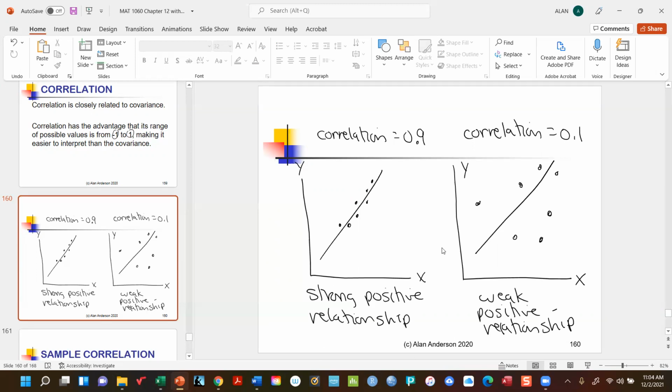Now I can. We know that the correlation is always between -1 and +1. It cannot fall outside that range. So anything close to 1 means it's a very strong positive relationship. Anything that's closer to 0, like this 0.1, means it's a weak positive relationship.